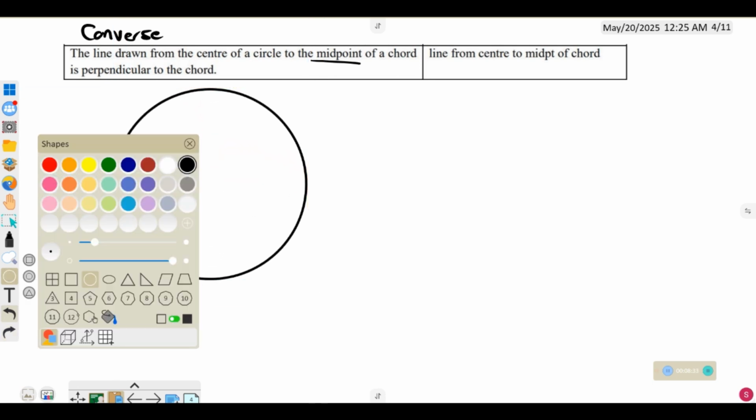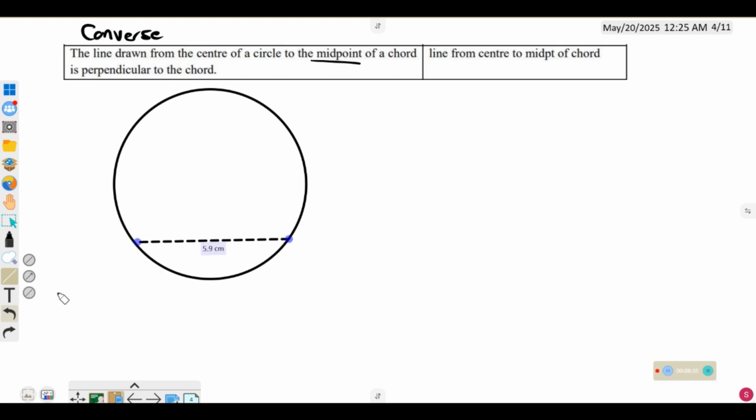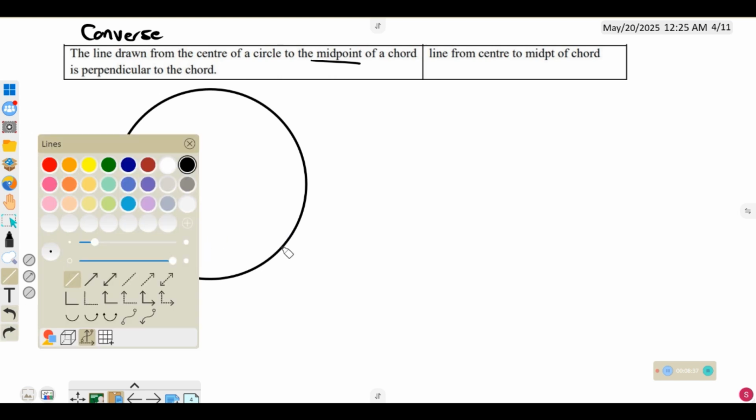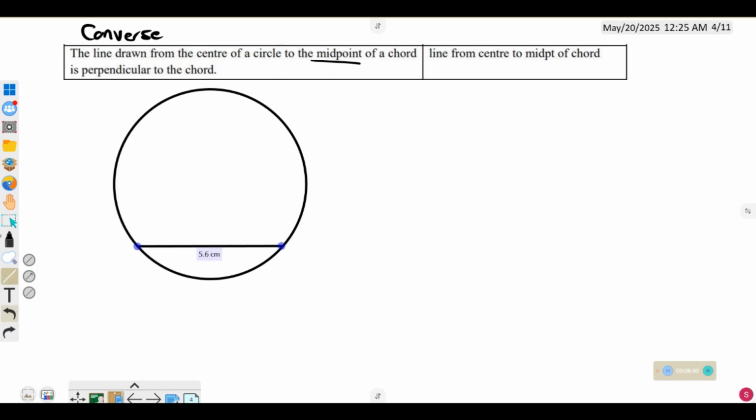Okay, so right here we have a chord. Now remember, a chord, we said it runs from circumference to circumference and not necessarily through the center. And then we have a line that is drawn from the center such that now they are not saying it's perpendicular, but rather it goes through the midpoint of that, which means it cuts it into two equal parts. So that's A, that's B, that's C, and then you have the center, which is O, right?